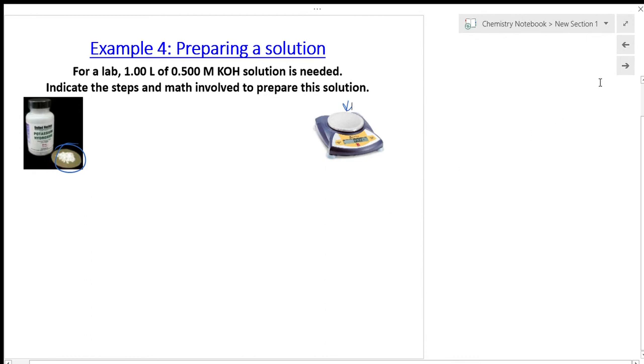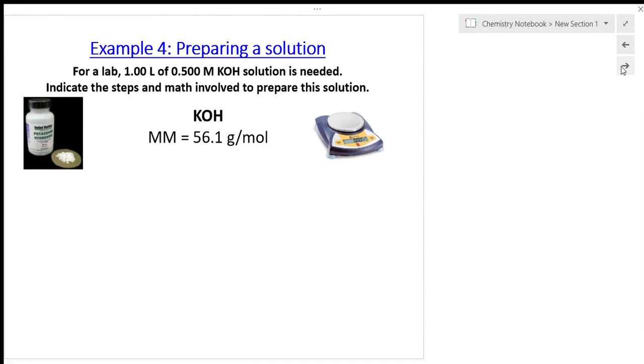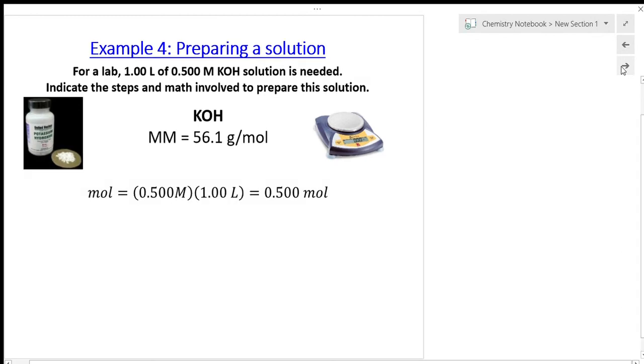So let's take a look at the math involved. This is the same as example number 3, stepwise. The first thing we need to do is make sure we know the molar mass of potassium hydroxide, and it is 56.1 grams per mole. Next we calculate the number of moles. You take the molarity of the solution and multiply it by the volume. This is actually easy: 0.5 times 1, which is 0.5 moles.